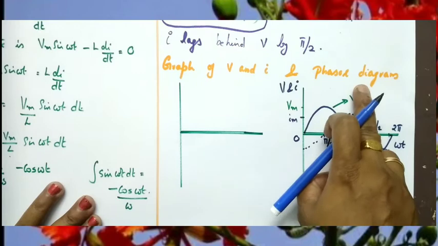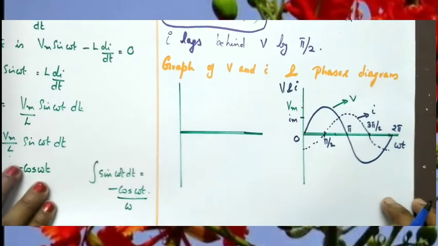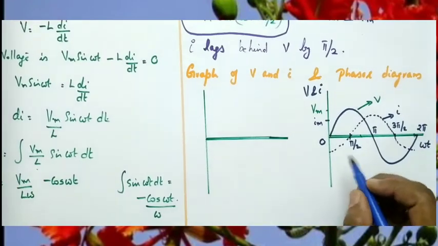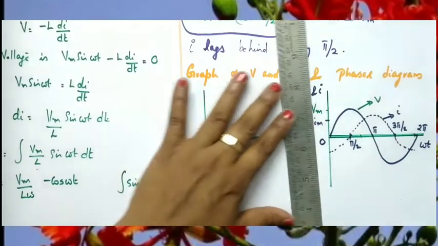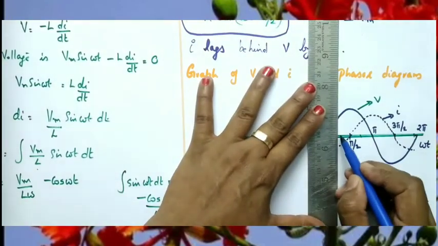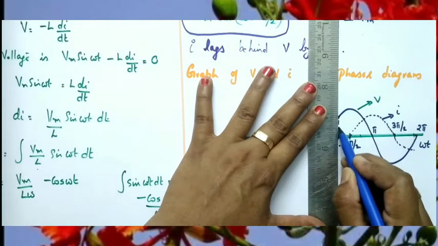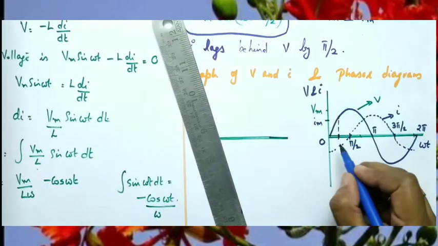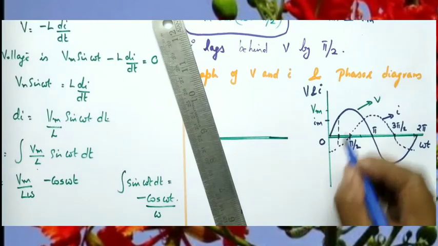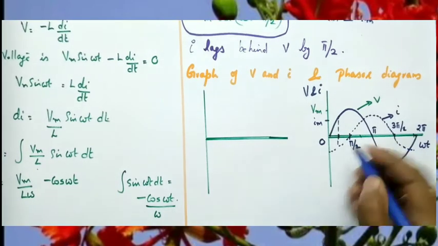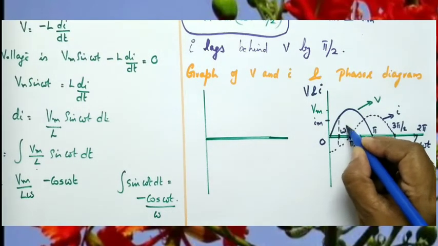Now, we have to draw the phasor diagram. From the graph, we can draw the phasor. Consider an angle between 0 and pi by 2, for example, like this. That angle is marked as omega t1.